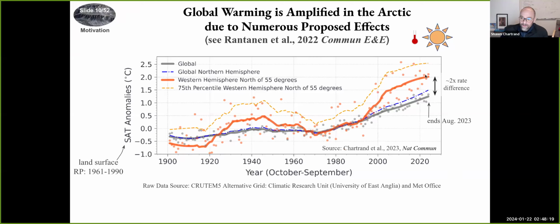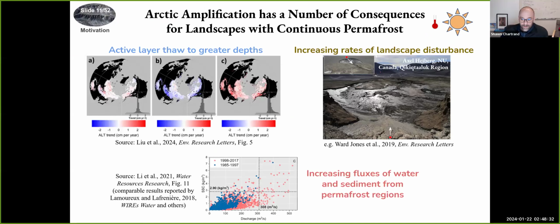So air temperatures are amplified in the Arctic due to a number of effects. And this really has implications for a number of things that relate to erosional channel network development. A couple of examples of issues that become important as air temperatures in the Arctic warm. One is active layer thaw to greater depths.